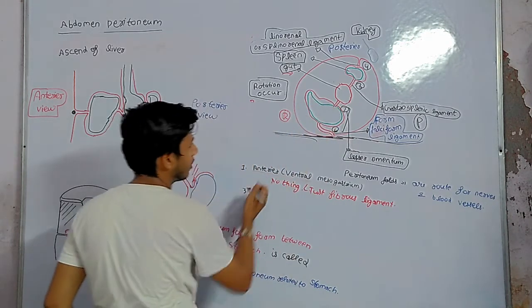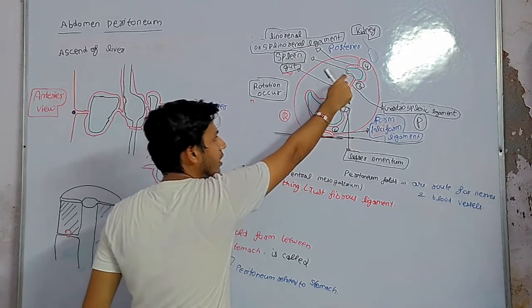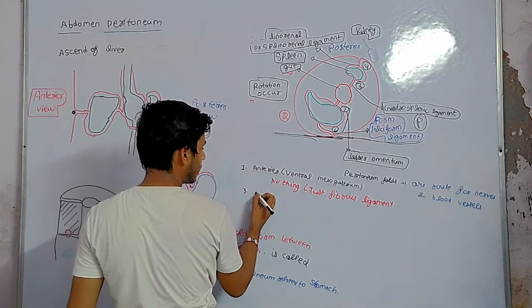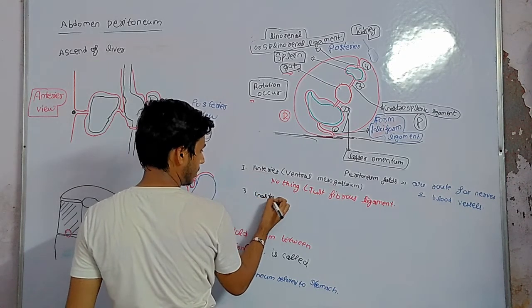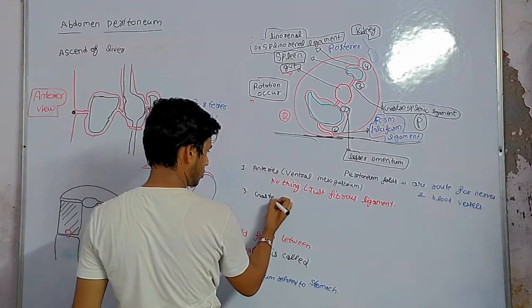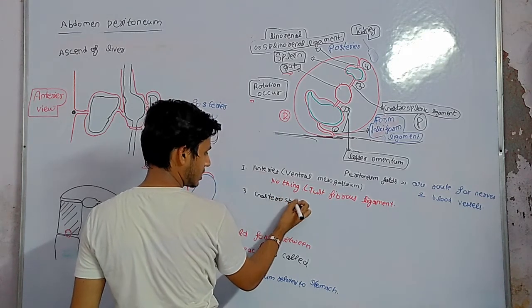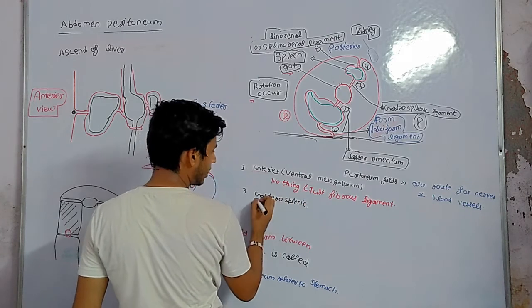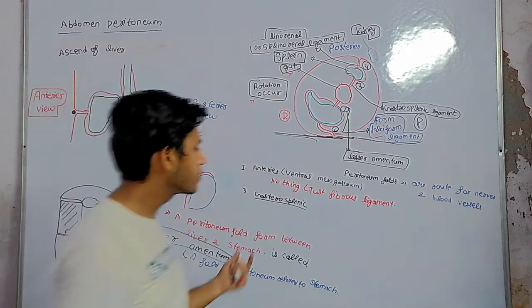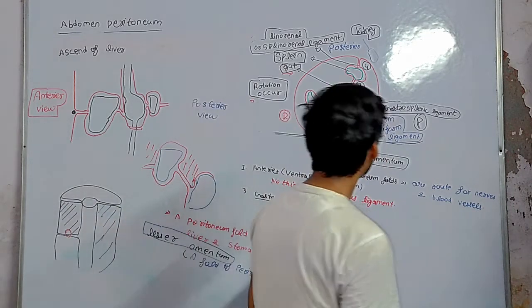First we take the third part. Third is the fold between stomach and spleen, which is called the gastrosplenic ligament. It covers the arteries and veins of the splenic artery and vein.